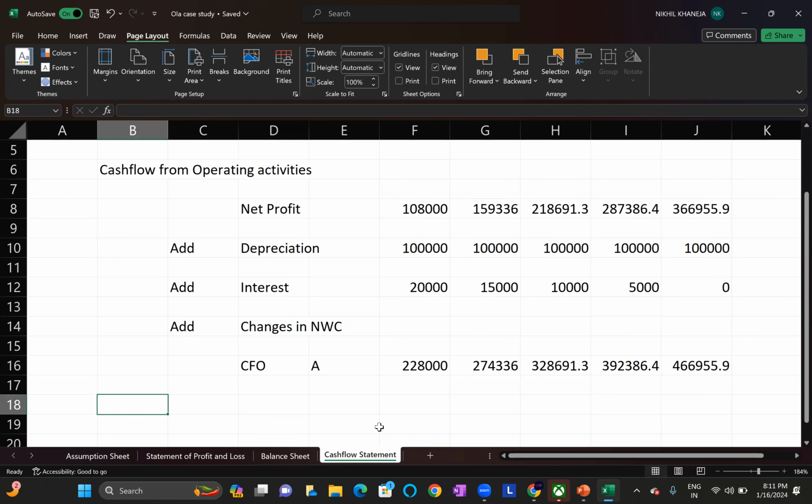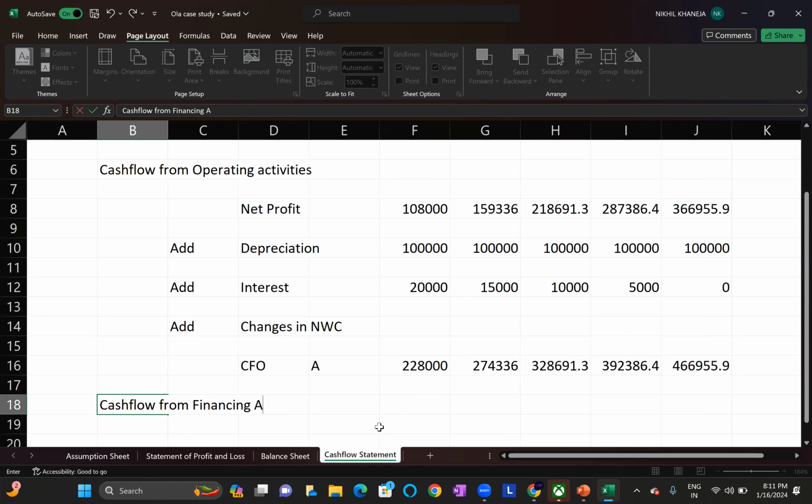Now I will calculate cash flow from financing activity.